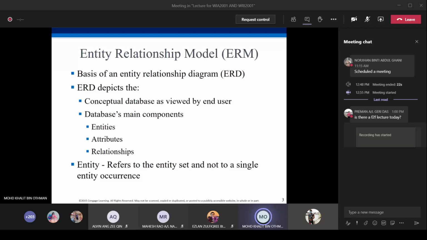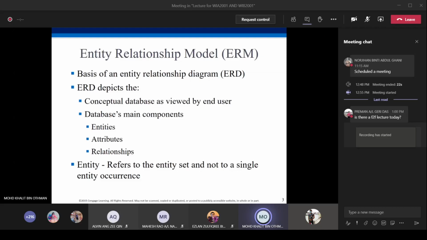The third one is a relationship. What is a relationship? A relationship is an association between entities. An example of a relationship is professor teaches class. Professor teaches class is an example of a relationship between professor and class, and teaches is an association between the entity professor and the entity class.